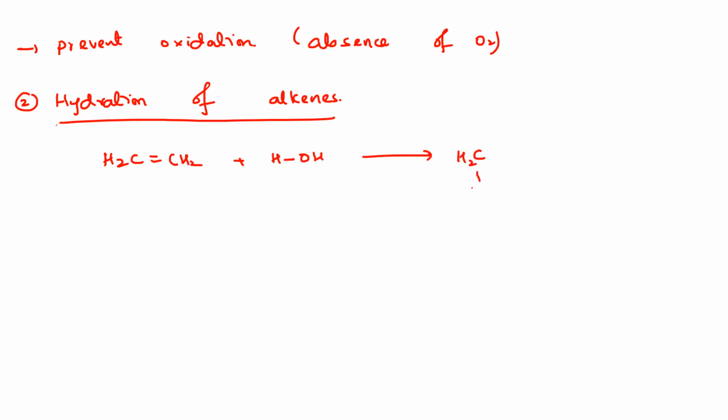The double bond is broken and converted to an alcohol. So that's basically a synthetic technique to prepare alcohol. This is what we have done in alkene.